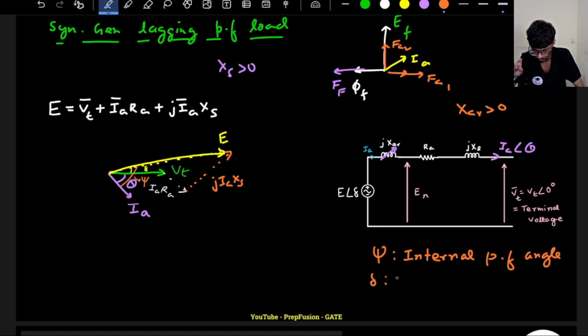Delta is the angle between the terminal voltage and the voltage developed in the armature windings, also known as the power angle or the torque angle. Why is it called power angle or torque angle? That we will understand when we learn about the power flow.